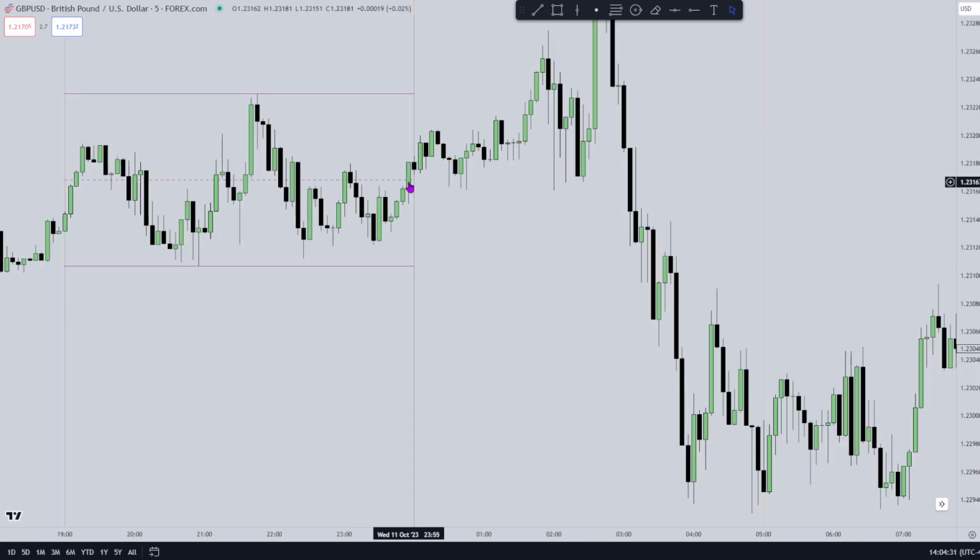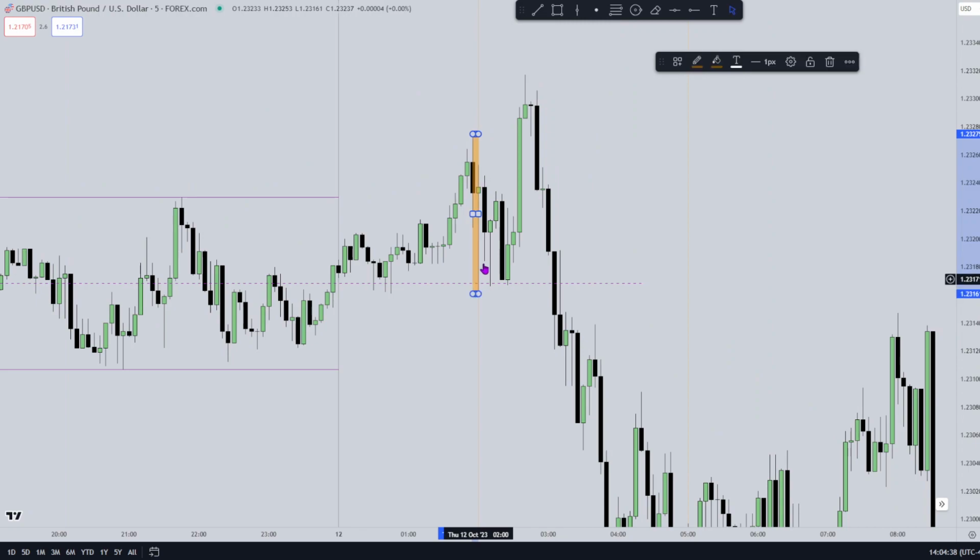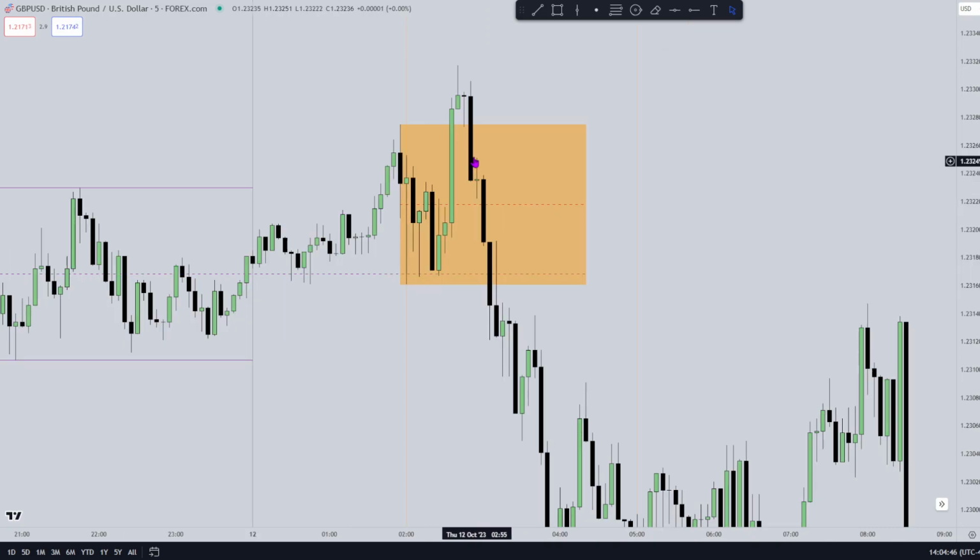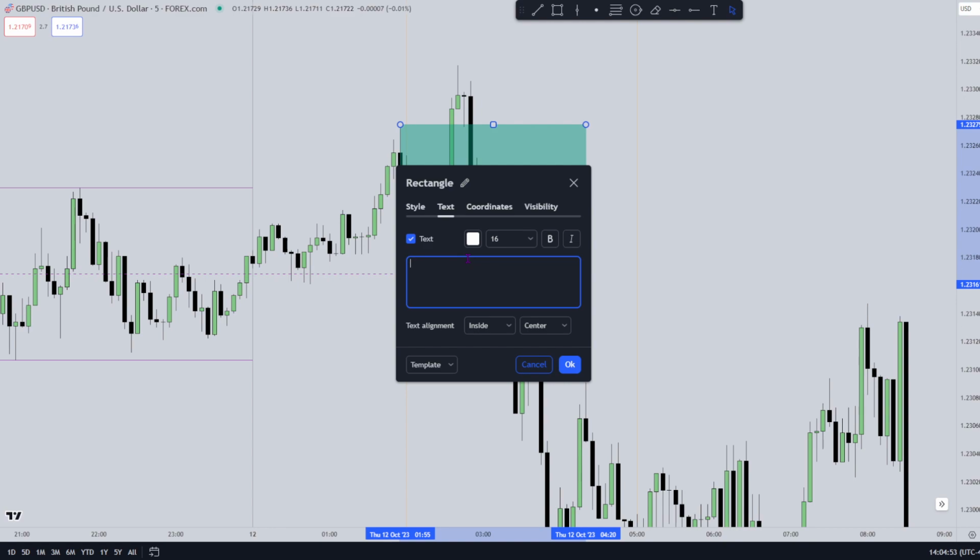You can see we find support on top of that 50% level. High, low, high, high, and then we break lower. So we have an entry on the breaker on this candle here. Breakaway gap. This is a breaker in itself. We can just make that this color and then just type in breaker.